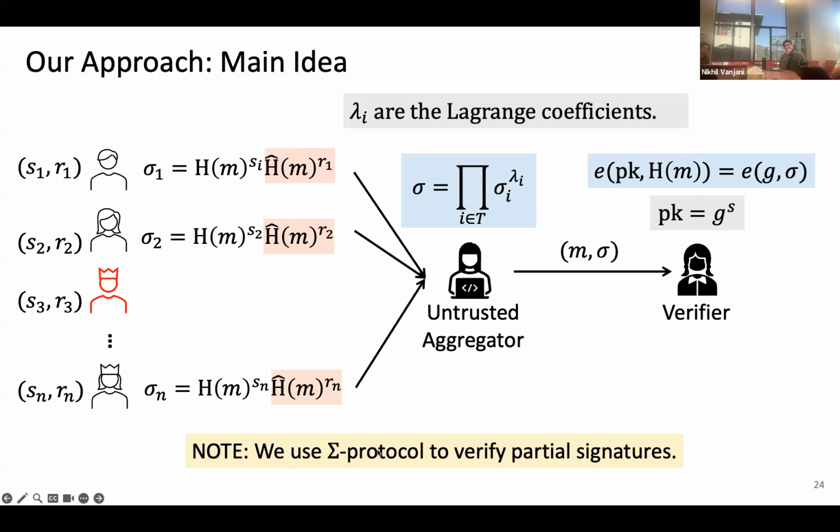But the partial key was G raised to S_i times H raised to R_i. If you want, you can try to check this pairing expression for partial signatures with the partial verification key, and they won't match up.